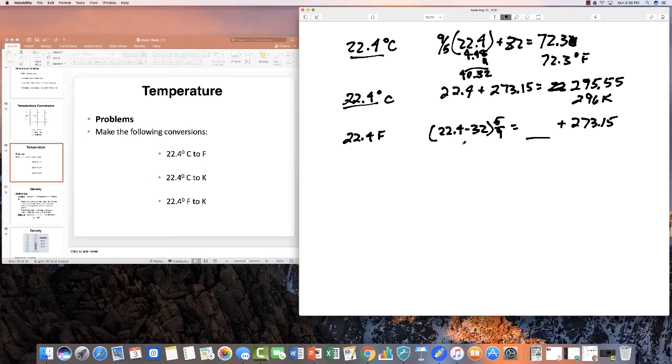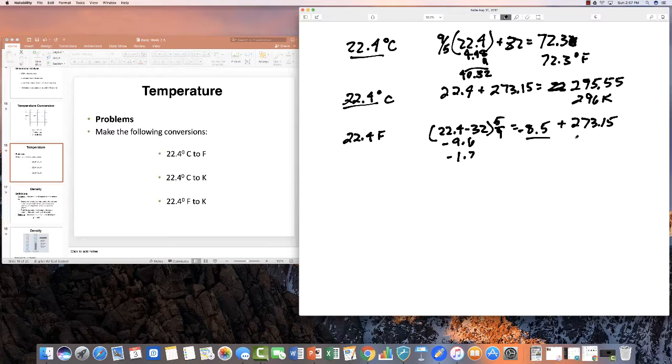If you subtract 32 here, you get 9.6, I believe, minus 9.6. And then you divide that by 9, and you're going to get approximately, say, 7. And then multiply that by 5, and you get about 8.5. And that's negative, by the way.